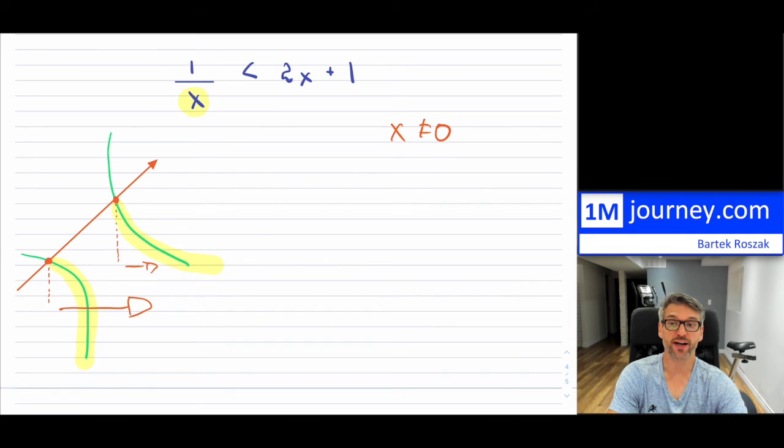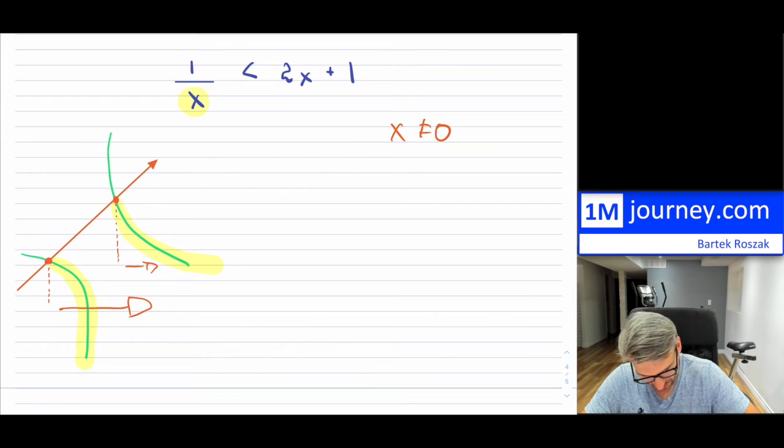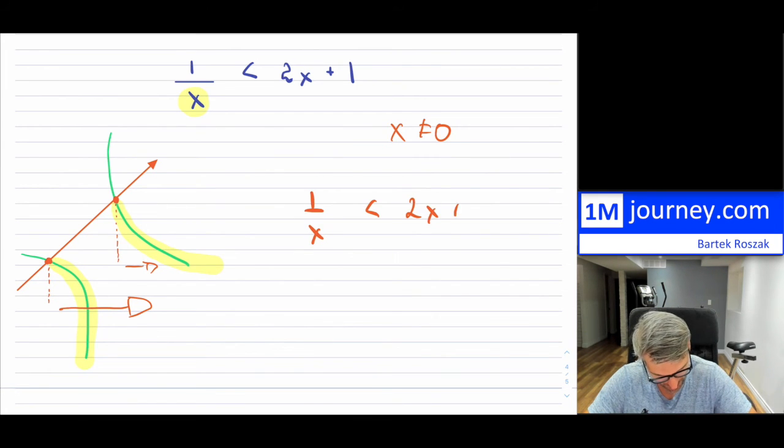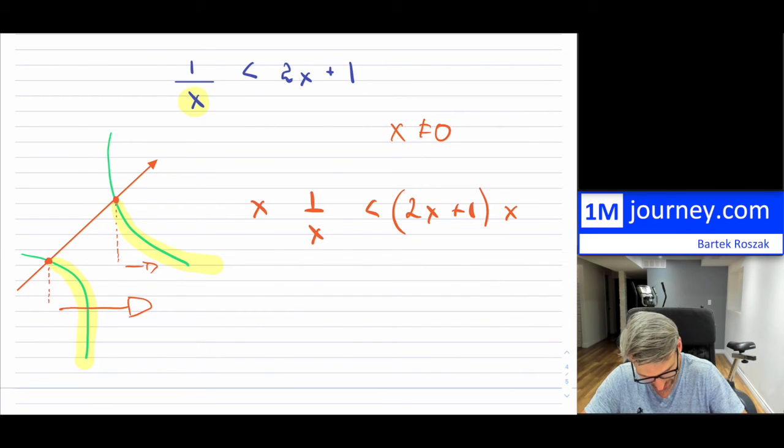Now, I can try to find those points if I wanted to. So what would I do in terms of finding them? I would have 1 over x is less than 2x plus 1. Now, this x from the denominator, if I multiply both sides by x, I'm going to get 1, and then this is going to be 2x squared plus x.